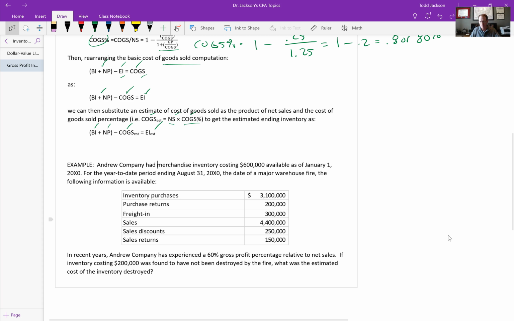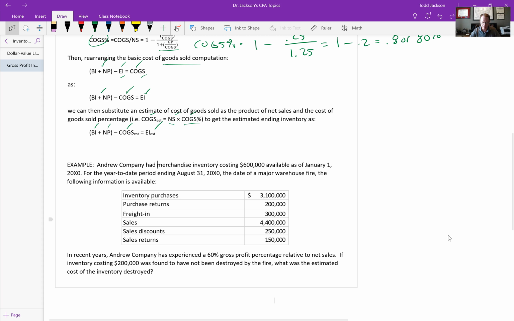We've got the purchase returns, $200,000. We have freight in at $300,000, sales at $4.4 million. There's sales discounts of $250,000 and sales returns of $150,000. In recent years, Andrew Company has experienced a 60% gross profit percentage relative to net sales.